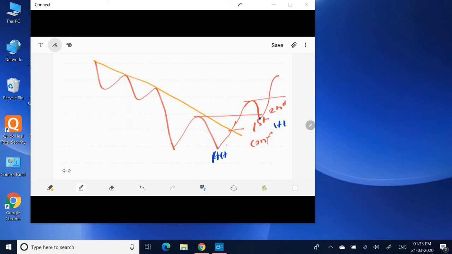Higher high, higher low. This is the spot when you want to enter. Now what you would do is use this period to scan the stocks fundamentally which you want to enter, and then you would use something like Dow theory to know what is a good entry point.